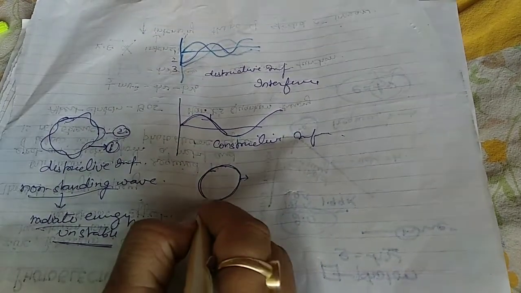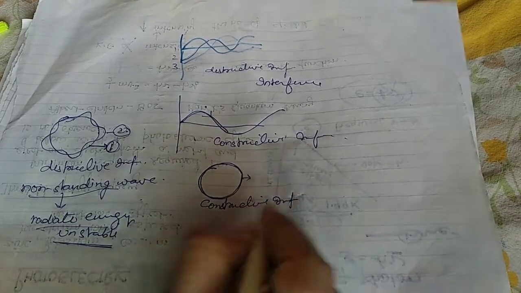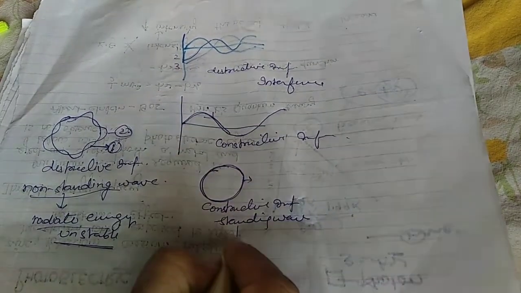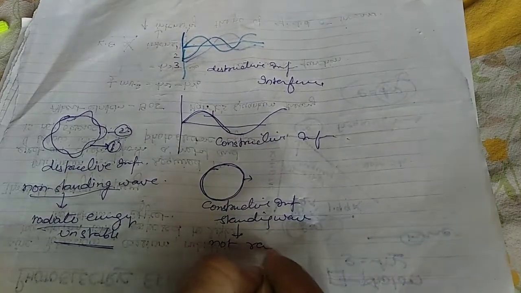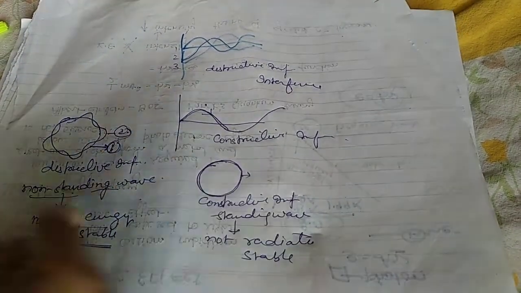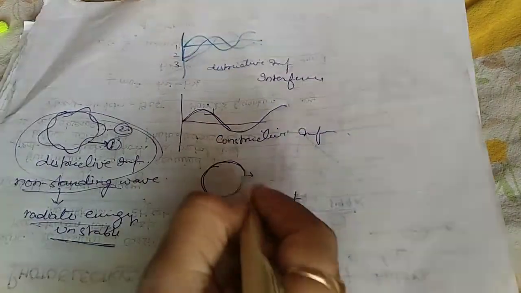This will result in constructive interference. So this will be a standing wave. It will not radiate energy and will be stable. Hope you have understood destructive and constructive interference.